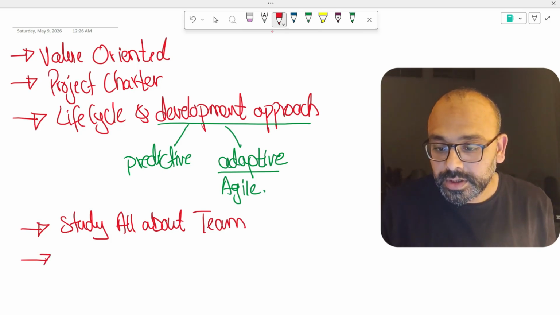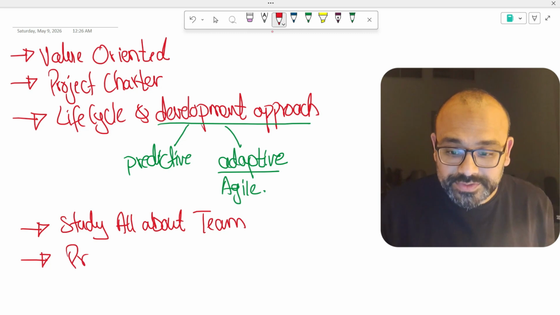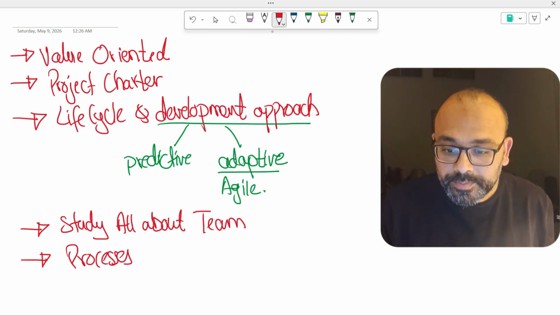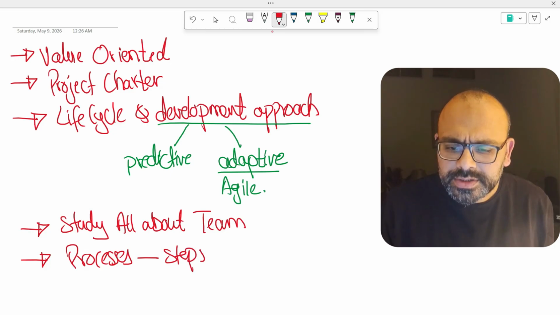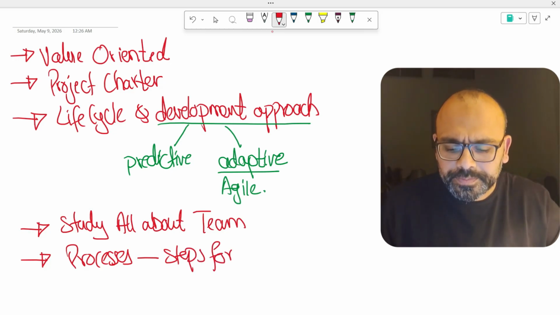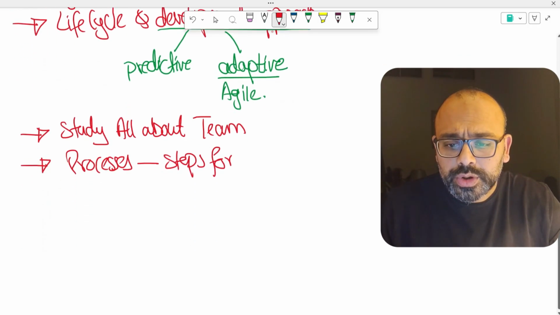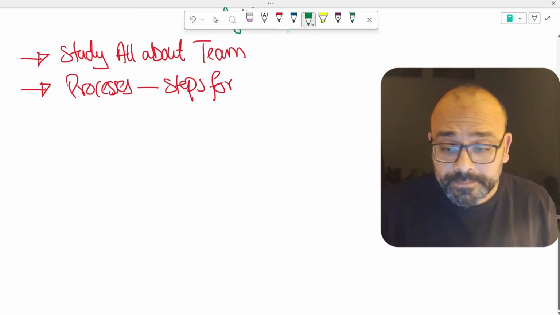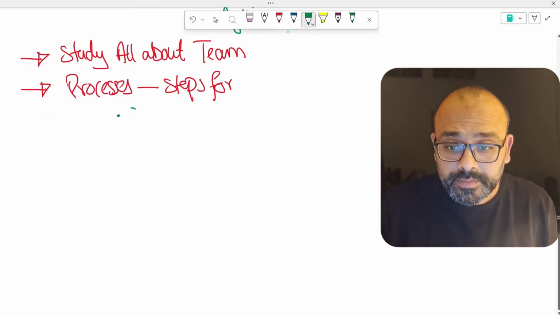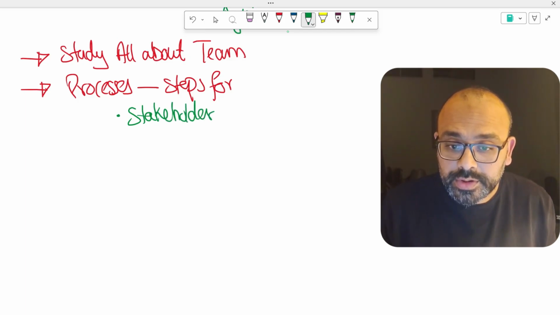Then you need to know the processes for, or I used to call it the steps for, stakeholder and communication.